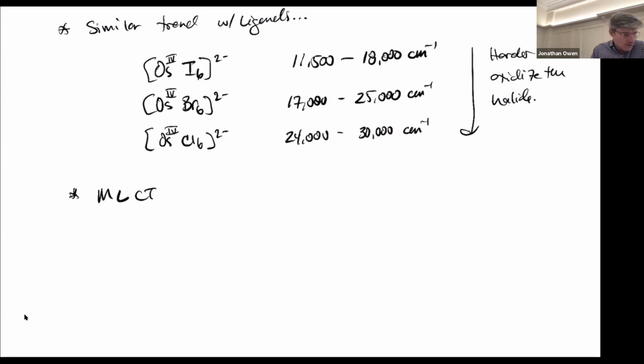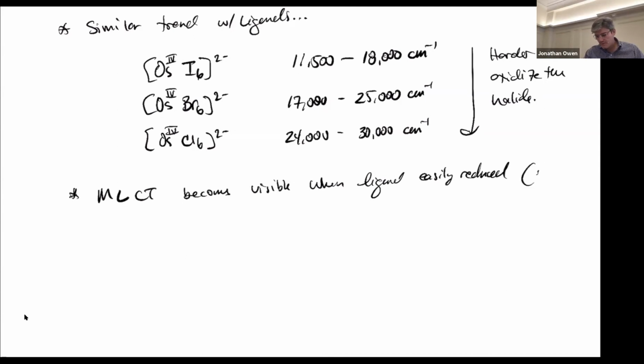Metal to ligand charge transfer becomes visible when the ligand is easily reduced. Okay, so things like carbon monoxide, aromatic systems, NO+.